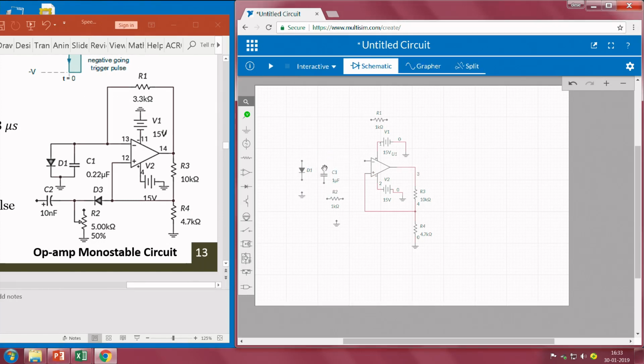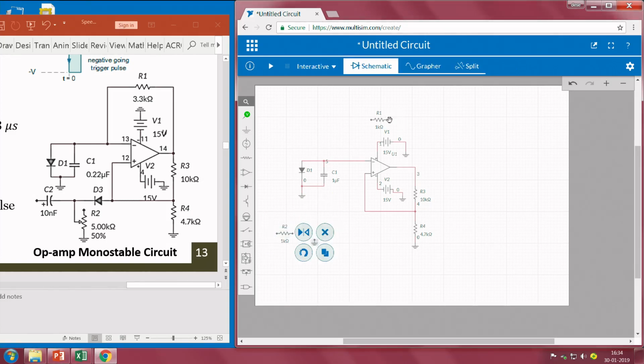So, slightly moving it down, I am connecting it here, and the diode should also be connected here. Then the other terminal should be ground. This is ground. Okay. So, this particular part is done.